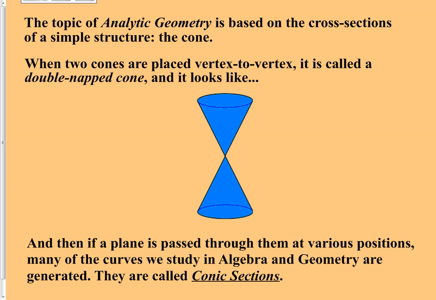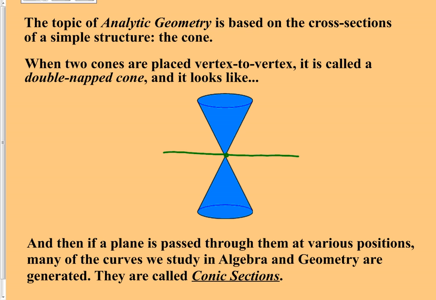A degenerate conic section is the idea that a plane could pass through the double napped cone without actually generating the circle or the ellipse or the parabola or the hyperbola. Such an example would be, what happens if we allowed the plane to pass right through the point where the two vertices of the double napped cone join together?